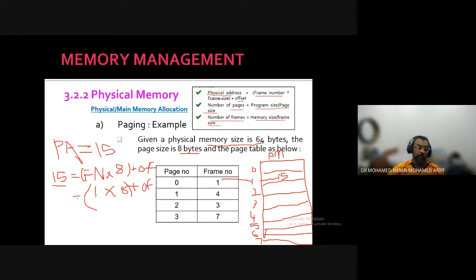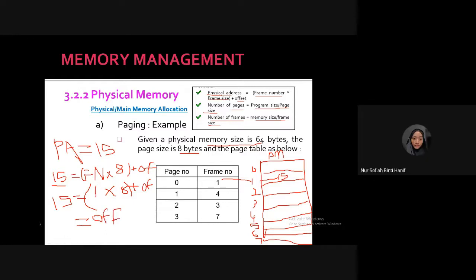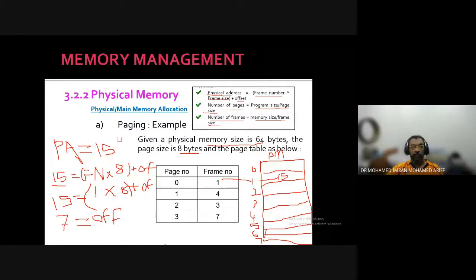But we know the physical address is 15. Upon substituting everything, offset equals to what? 7. Good. Now we have our offset number.